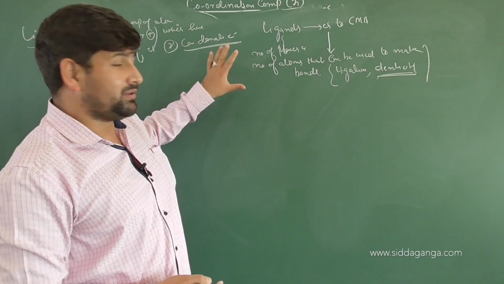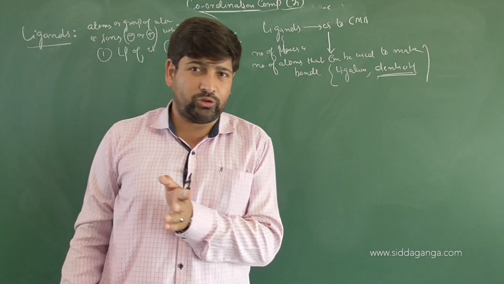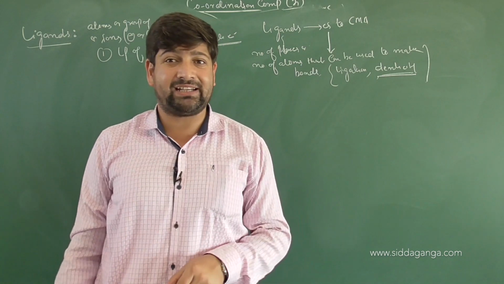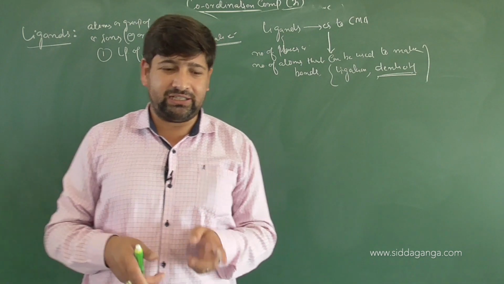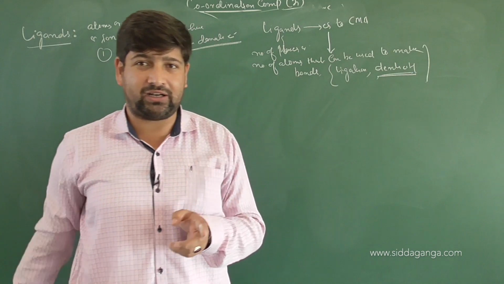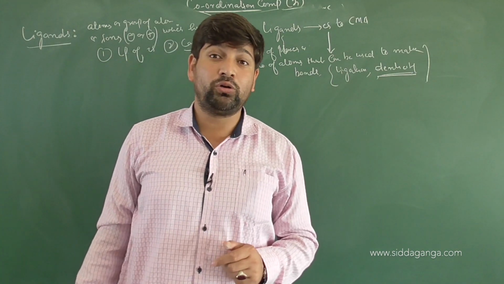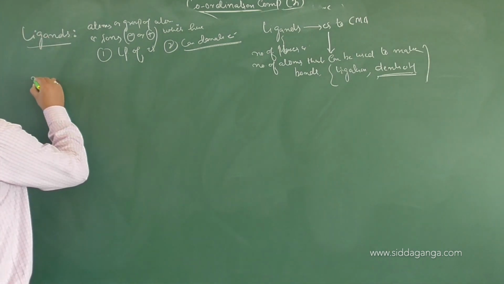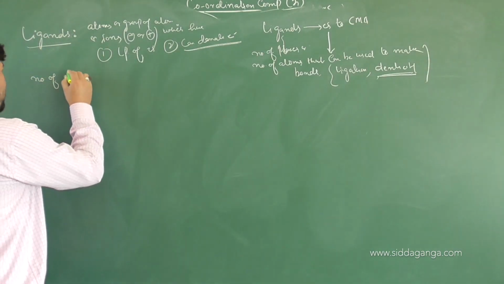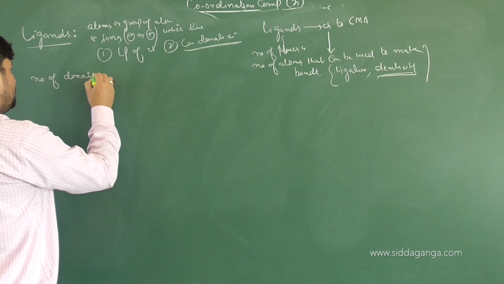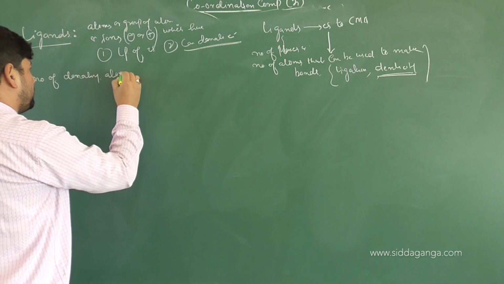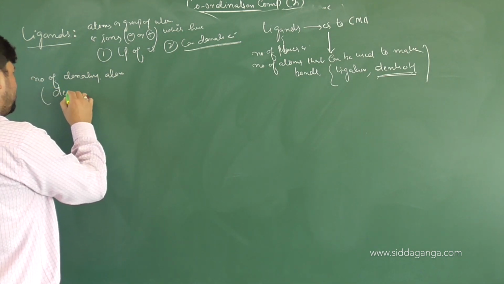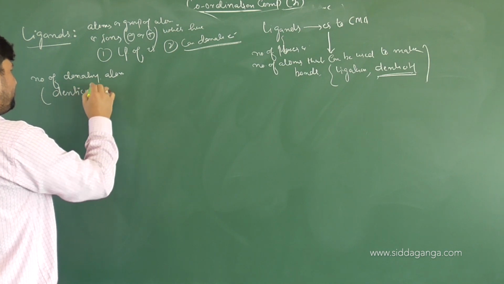Suppose from a given ligand, if only one atom is able to donate electrons, we call that ligand one-teeth containing. One-teeth containing means from one atom only it's able to donate electrons. So those are called monodentate. So on the basis of the number of donating atoms, what did I use the word? Denticity.